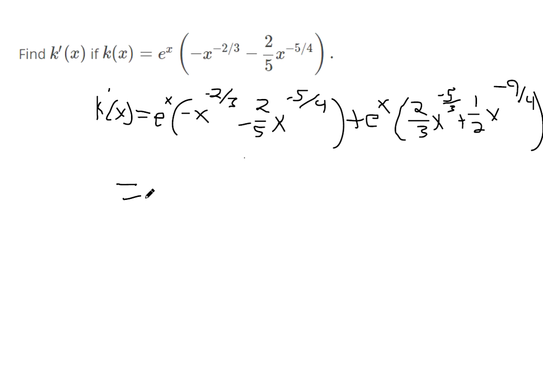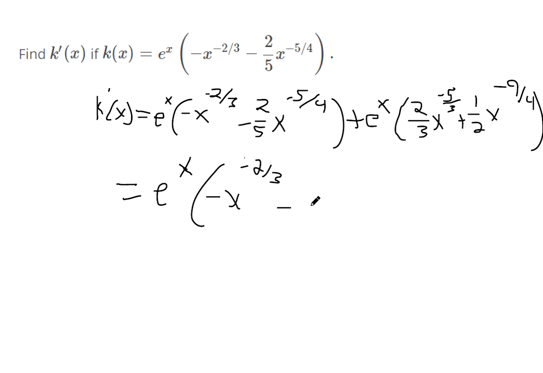And then to make Newton happy, let's factor out the e to the x. And what we're left with in descending powers, look, if you factor out an e to the x to both of these, then it's just these terms added to these terms. So the largest power is negative x to the negative 2/3. That's the thing closest to 0.